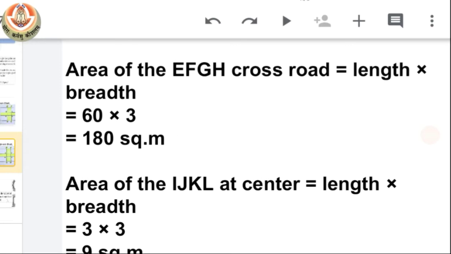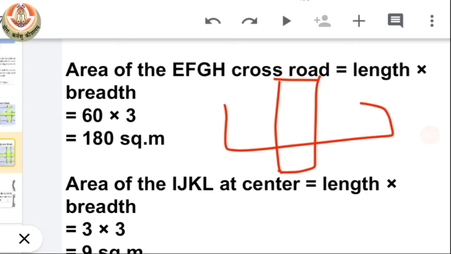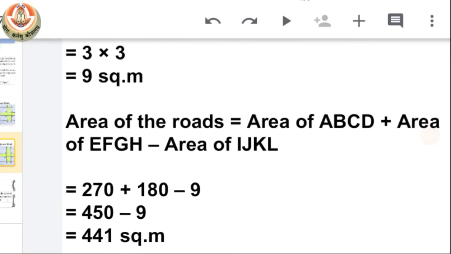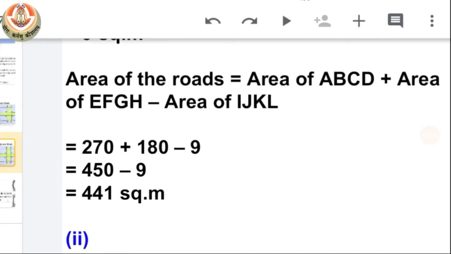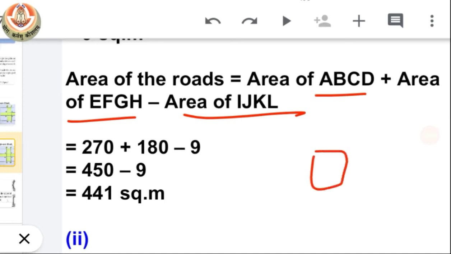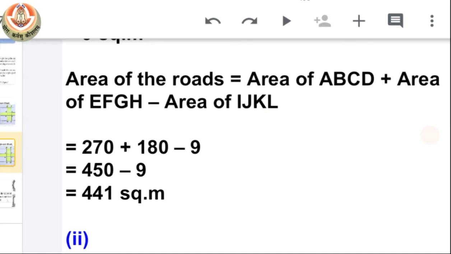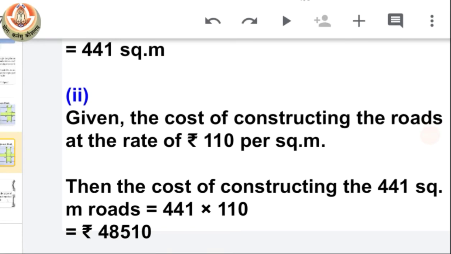Now we know that in both the roads this central portion is occurring twice, so we have to subtract that area. Now the width of the road is 3, so the area of this portion will be 3 into 3, that is 9 square meter. So the area of the road will be area of road ABCD plus area of road EFGH minus area of IJKL, that is the central portion. So the area of the road is 441 square meter.